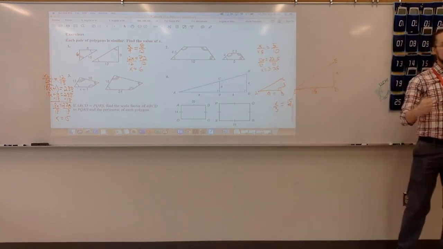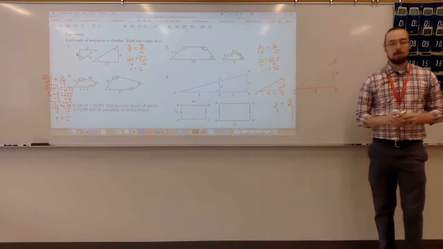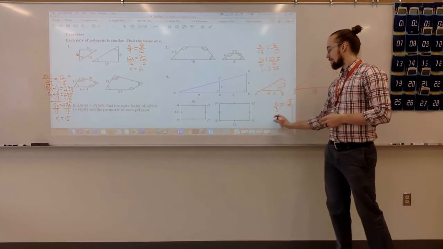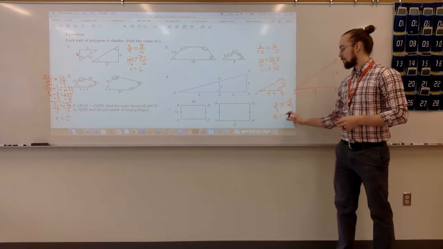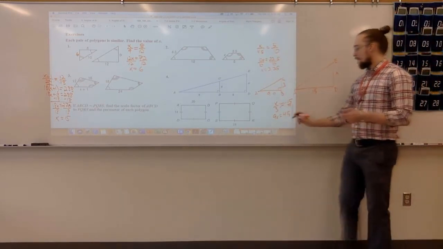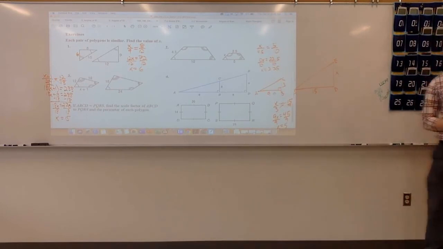And I think the best way to do that is to actually draw them, pull them apart, draw 2 separate triangles. Okay, so to finish this, we'll cross multiply. So 9 times x and 15 times 2. Divide by 9. We'll get x equals 5.